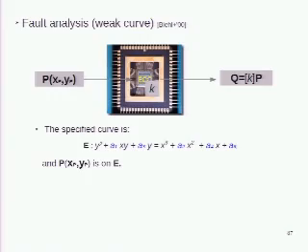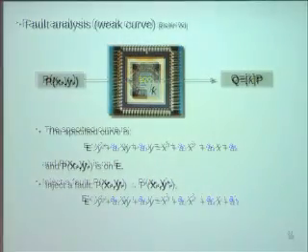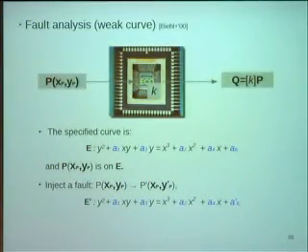Now, if we look at the curve, this is the curve we actually wanted to use, and we give the input P, which is on the curve. But the adversary can change some bits of the y coordinate to make it another point P prime, and this P prime is a point on another curve, right?